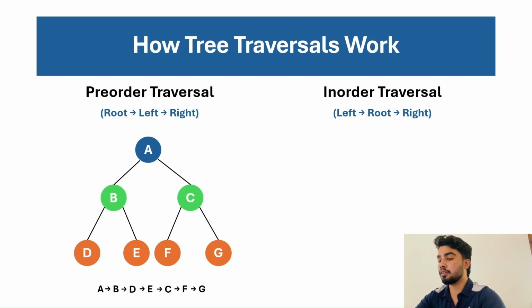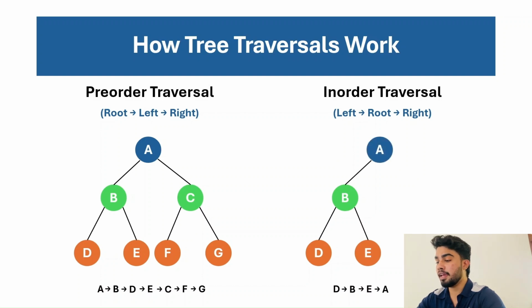Let's start from the left child of the left subtree D, then move to the root of the left subtree B, then go to the right child of the left subtree E, then move to the main root of this tree A, and then go to the left child of the right subtree F, then go to C, which is the root of the right subtree and also the right child of the root A, and finally we move to the right child of the right subtree G.